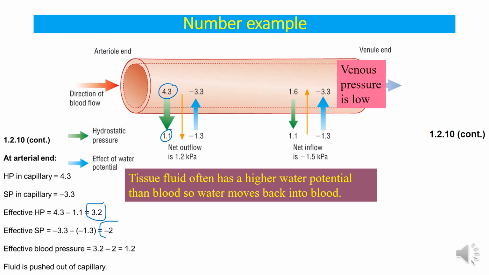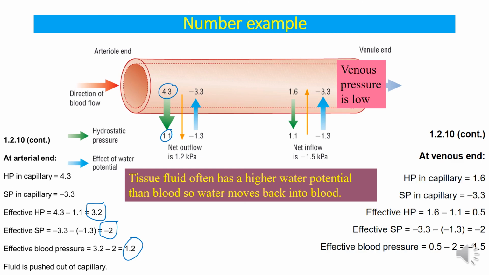The osmotic pressure is that. So you just do 3.2, take away 2 equals 1.2. But on the next side, on the venular side, we have some different numbers. We've still got in this example the same osmotic potential, minus 2.